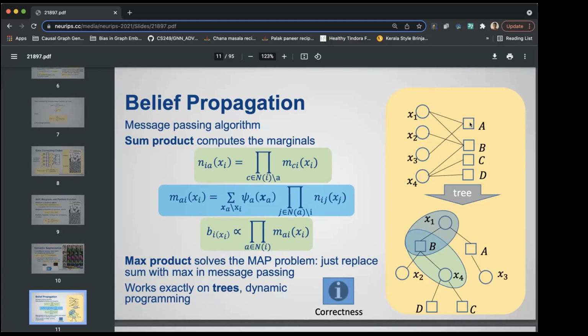Let's take, for example, B. The message that B might send to some variable x4 is: take all possible instantiations of x1 and x2, because those are the variables that are not x4, hold x4's value constant, compute the potential function of x1, x2, and x4, and then multiply that by all the incoming messages from x1 and x2, but not x4. Are there any questions about this algorithm so far?